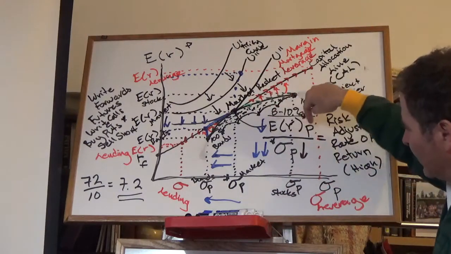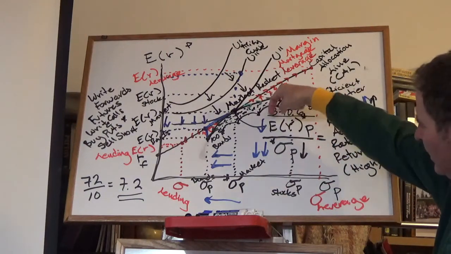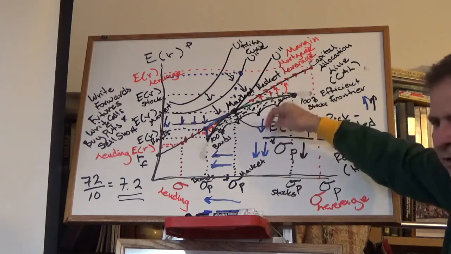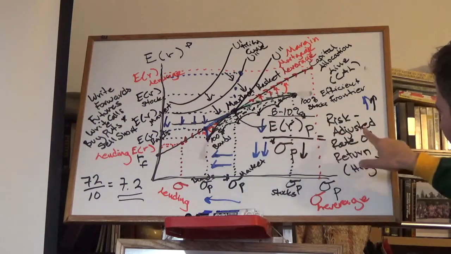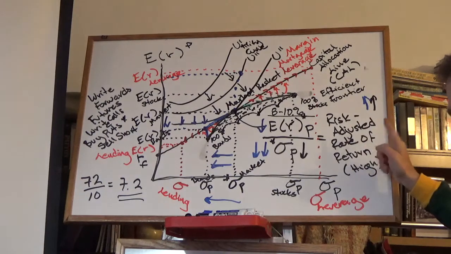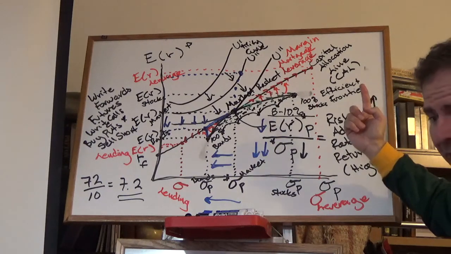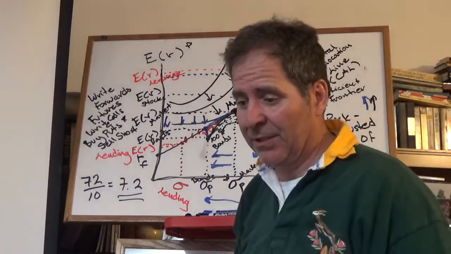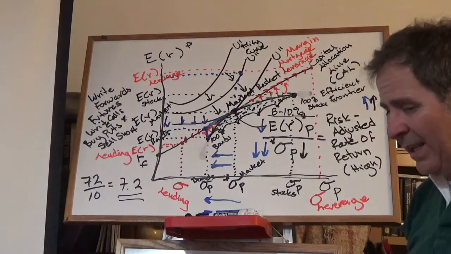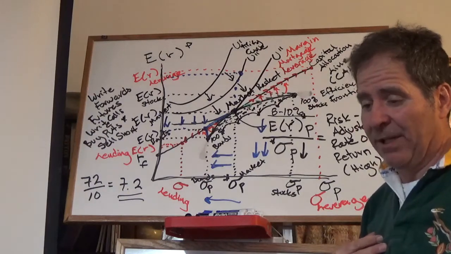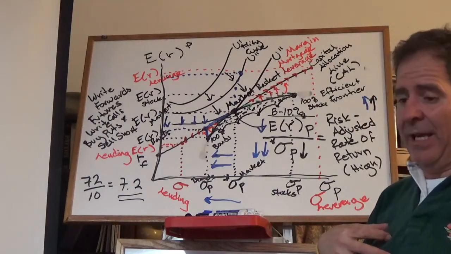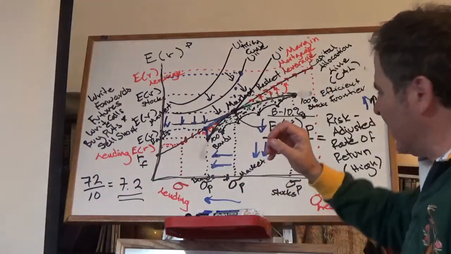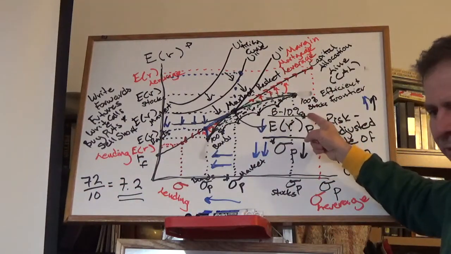So the expected return on the portfolio goes down, but the portfolio standard deviation goes down even more, which means that the risk-adjusted rate of return on the portfolio actually goes up, which means that you, as a risk-averse investor, are better off.